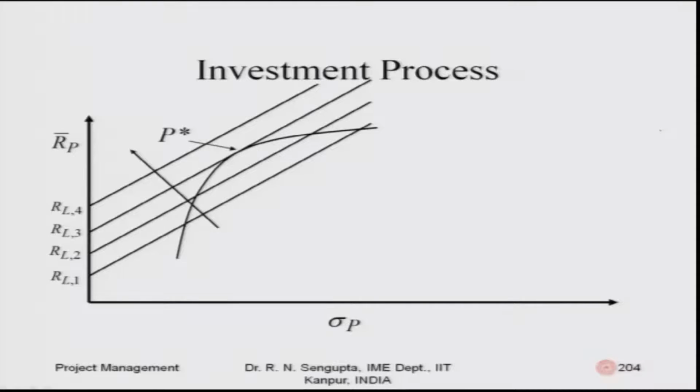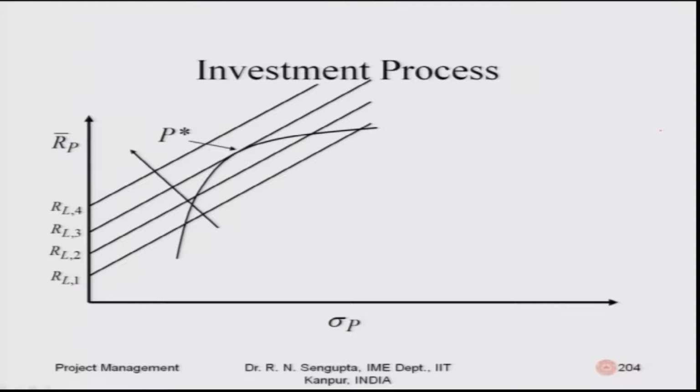See, the other case we consider is this value of RP with respect to sigma p. If you see the y axis and the x axis, it makes sense in the way that the concept of the risk return framework from the mean variance concept is being used here.